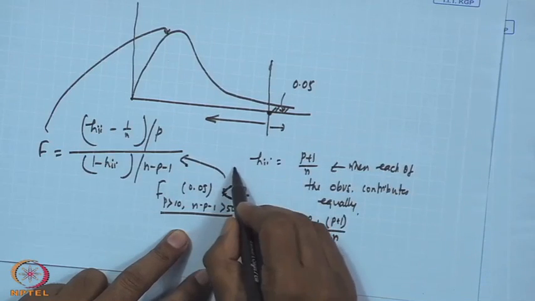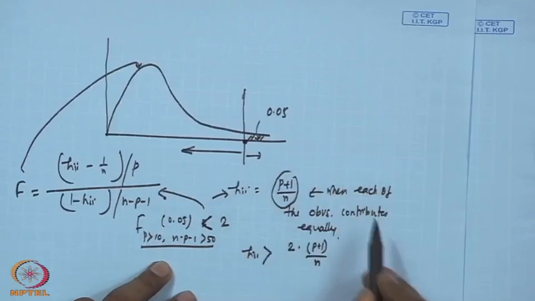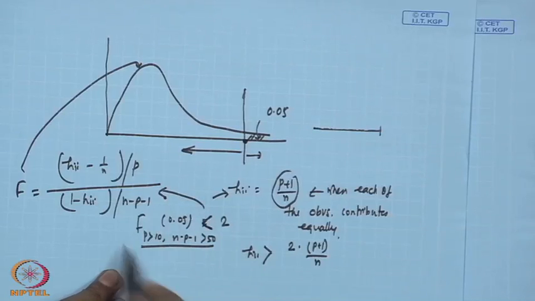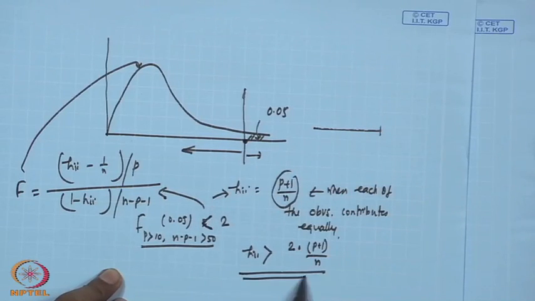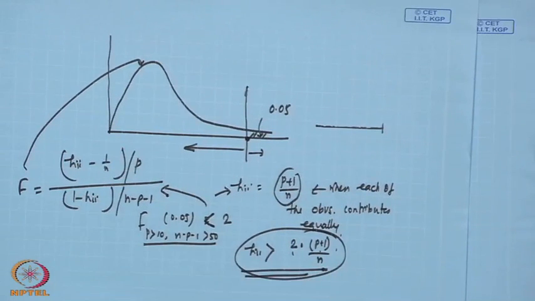This is the average value, so from the average, how much you are going this side depends on this value; that is why 2 is multiplied here. So, any Hii value which is more than 2 into (p plus 1) by n is a leverage value.